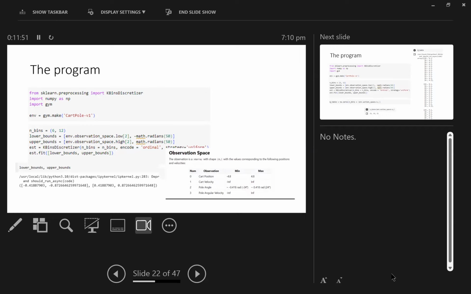And remember that we are working with a Q table. Of course, the size of this Q table cannot be too large. Why? Because if the table has many entries, you need to get the right Q value for a lot of them.